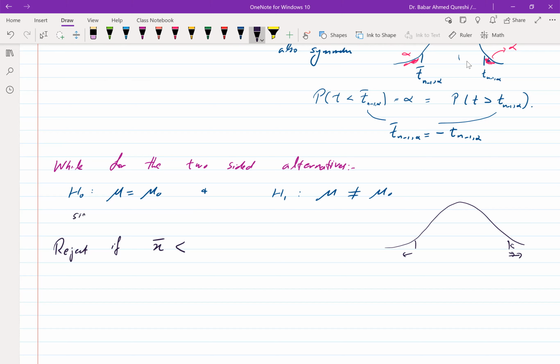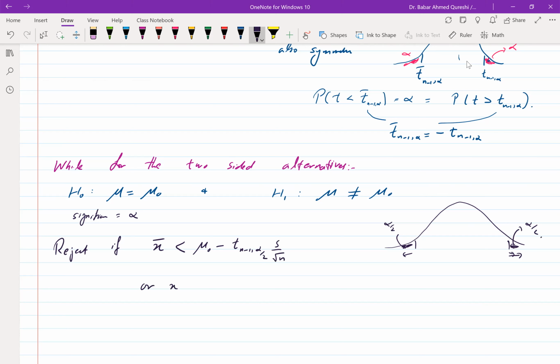And your significance, if it's alpha, you divide half of it here and half of it here. So reject if your sample mean is less than the lower critical value. You just change alpha to alpha by 2, because you only want to give half of the significance here.